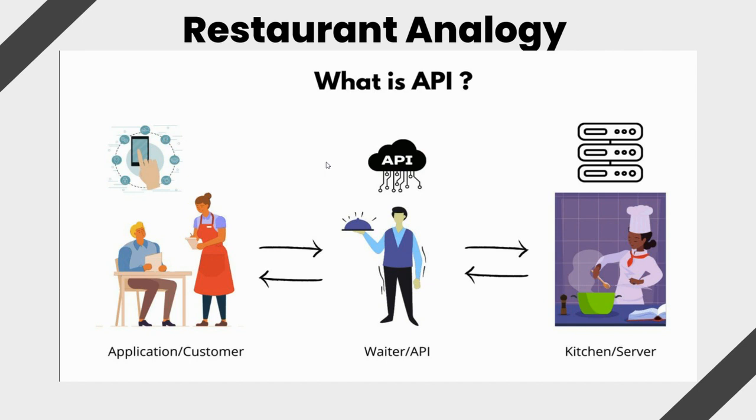Okay, so here we have the restaurant analogy. And I said that this analogy is going to be used to make your understanding of APIs very solid, at least in terms of knowing what it does. You would actually understand it better.